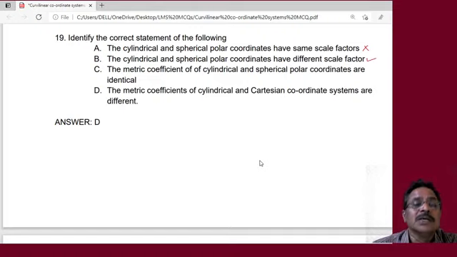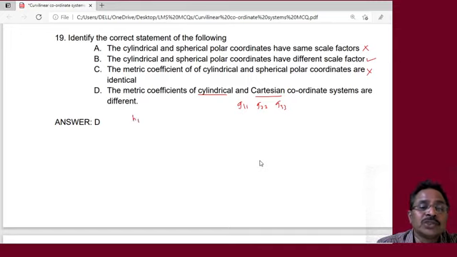Then let's check the next. The metric coefficients of cylindrical and spherical coordinates are identical. This is also not true. And the metric coefficients of cylindrical and Cartesian coordinate systems are different. The metric coefficients, that is g11, g22 and g33, for cylindrical as well as Cartesian must be different, otherwise these systems would be the same. Therefore the correct answer of this particular question is B. Both cylindrical and spherical polar coordinate systems have different scale factors.